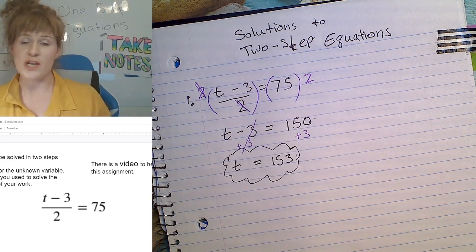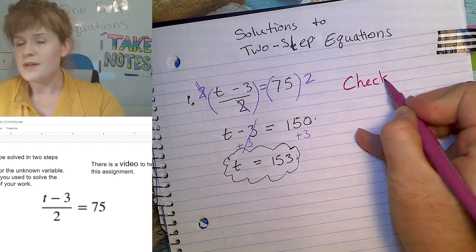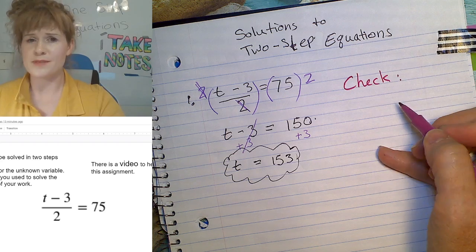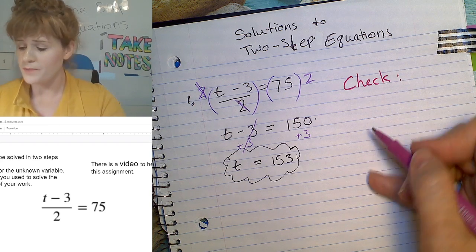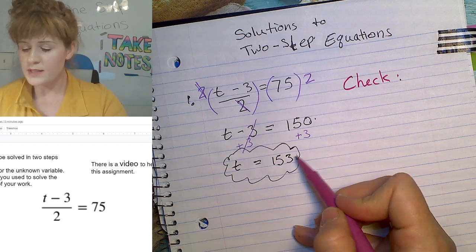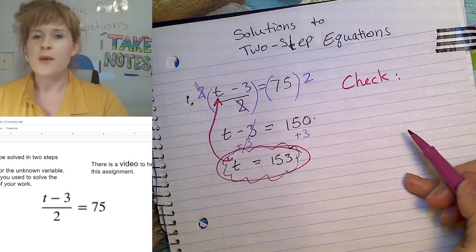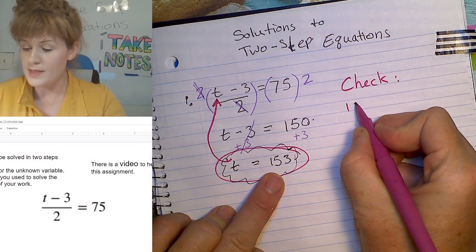But I still have to check my work. Always check your work because you're going to move on to high school and you wouldn't want to miss a problem because of some little mistake that you made in a hurry. So just check your work. If I solve this correctly, then I can substitute this value of t back up into my original equation, and it's going to all make sense.